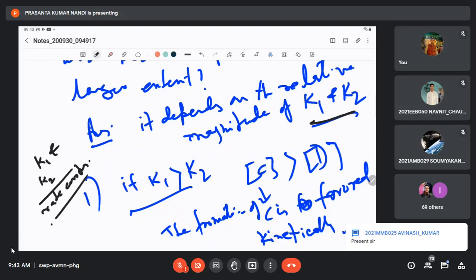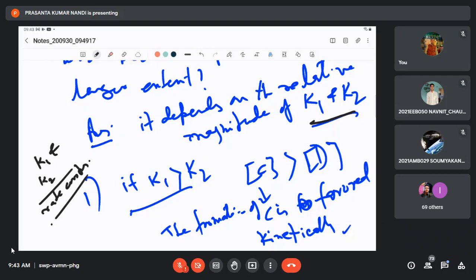So if K1 is greater than K2, naturally the product C will be formed to a greater extent with respect to D. This is the rate of formation. So the rate of formation of C would be naturally greater than D if K1 is greater than K2. Is it clear? This we call formation of C is favored kinetically, or we say kinetically controlled product.